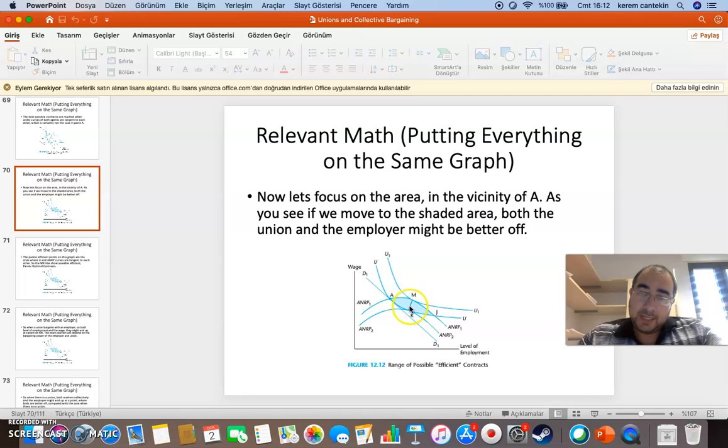And basically, MK is the contract curve in this case.